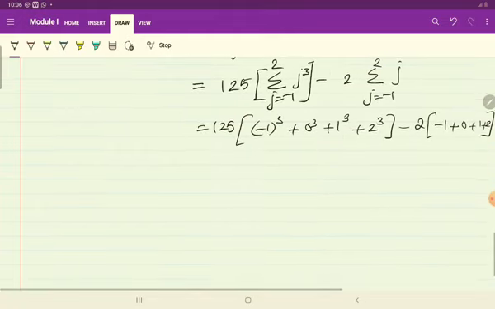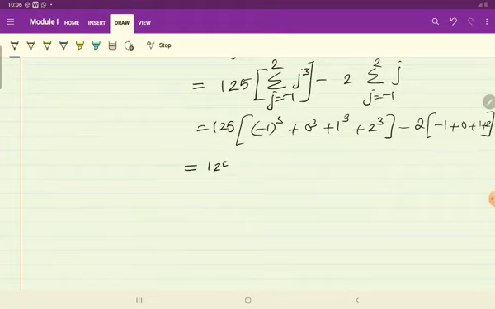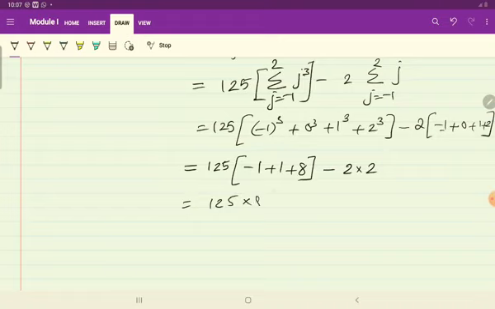Again this must be equal to 125 into, minus 1 plus 1 will be 0, so 8, minus 2 into, minus 1 plus 1 will get cancelled, 2 into 2 will be there. So 125 into 8 minus 4. So the answer is 996. You can verify the answer. Like this we can do all the summations.